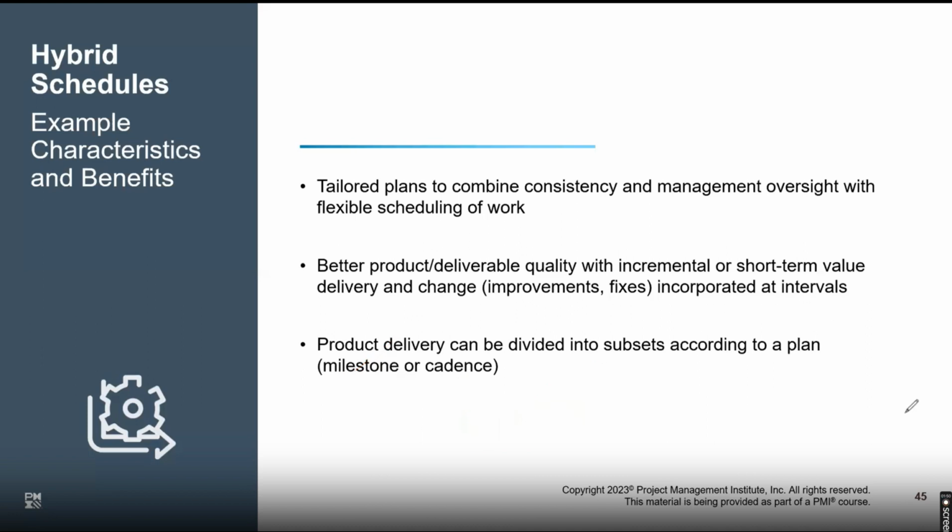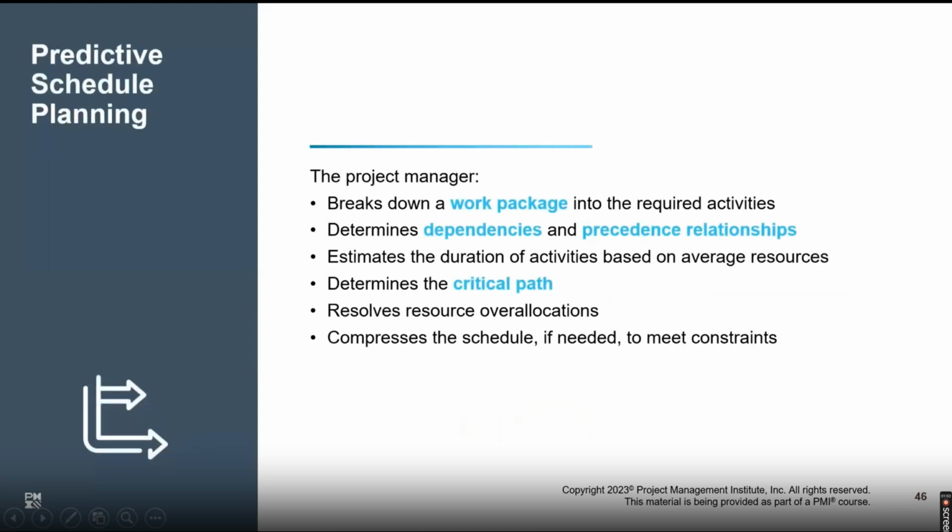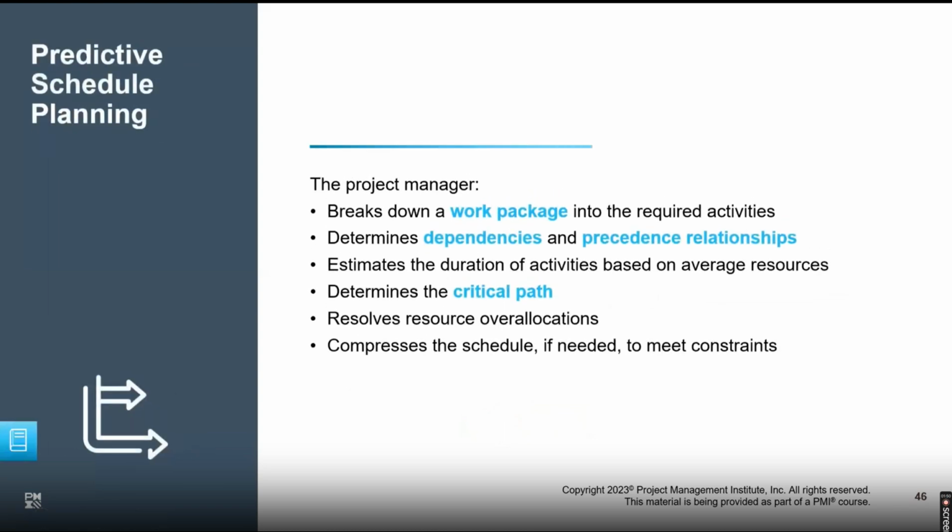So nothing specific to agile in this case, honestly. What will come into the picture is the techniques. When we talk about this, this is what we will be going into. Every project manager is supposed to do this. So what we will be required to do: the WBS work package. Remember the last level was the WBS work package, the smallest unit of work, which has to be broken down into required activities.